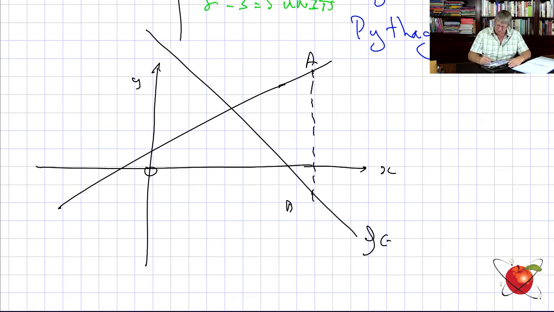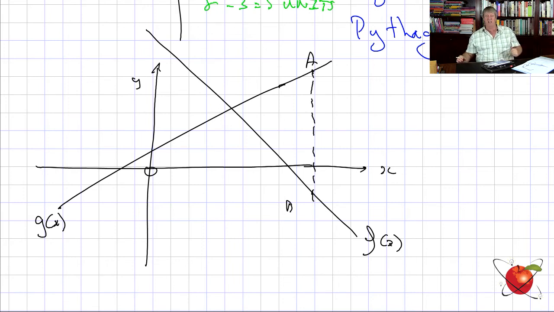This is, for example, f of x, and this could be g of x over here. They're just functions. So they've told us it's a straight line. They maybe say sketch them, and we find out where they cross the x-axis, the x-intercepts, and the y-intercepts, and we sketch the graph. Then they say, what is the length of AB?